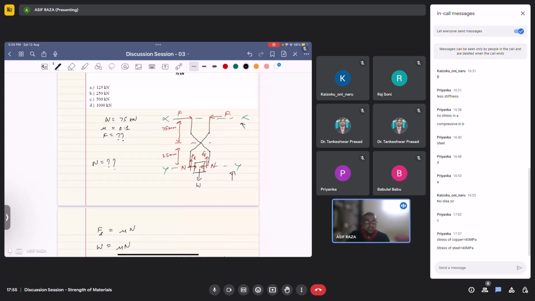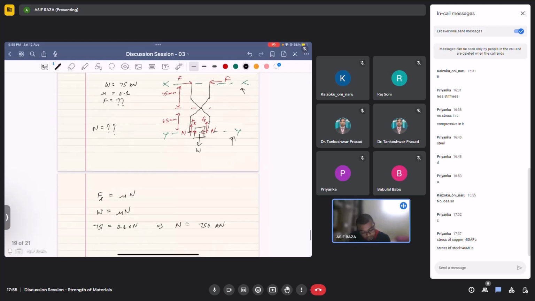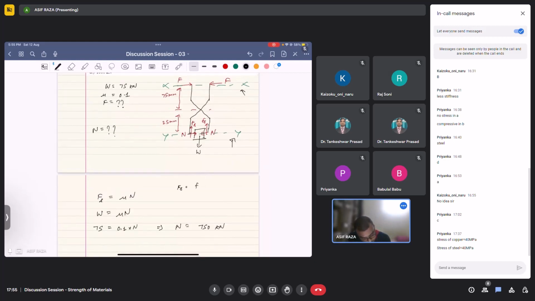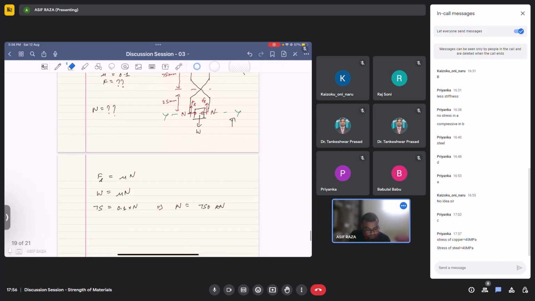Now we need to find the force F. This Fs is Fs plus Fs, each being mu n. I mean to say 750 kilonewton normal would be acting, but it would be divided into the two halves of the system.